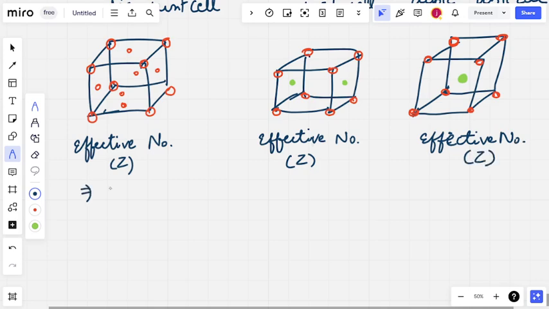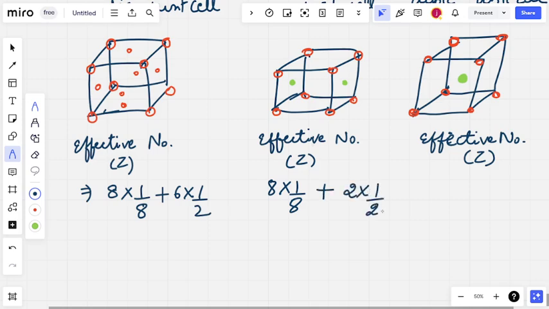Over here we are having 8 atoms present at the 8 corners plus 6 halves. Are you understanding why I am writing like this?